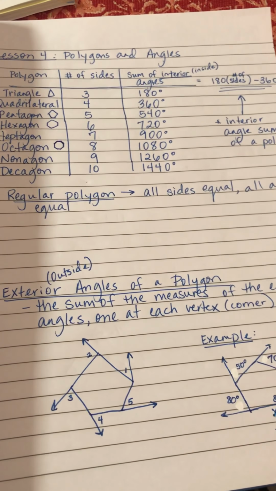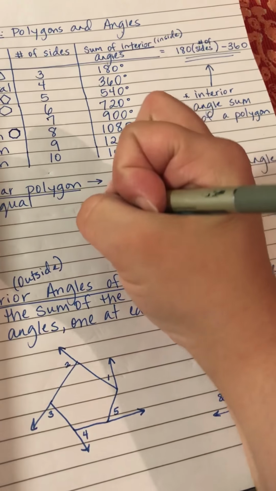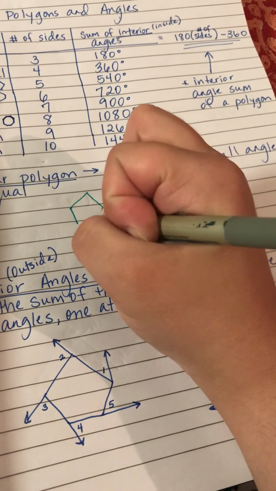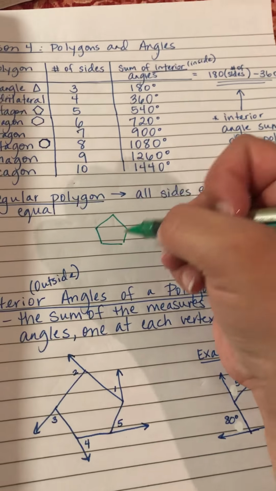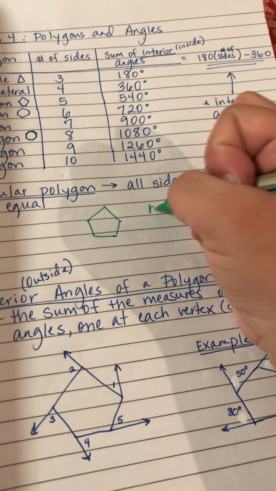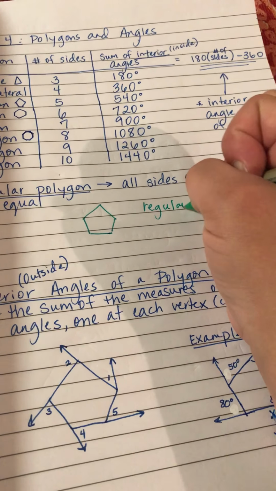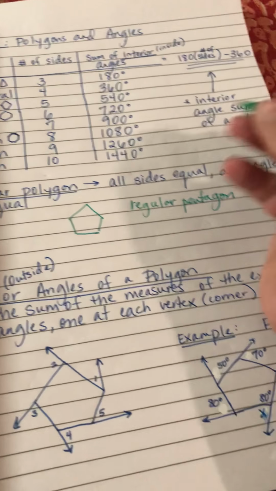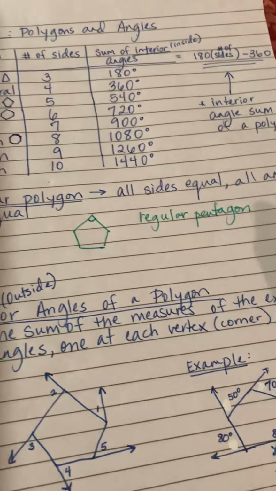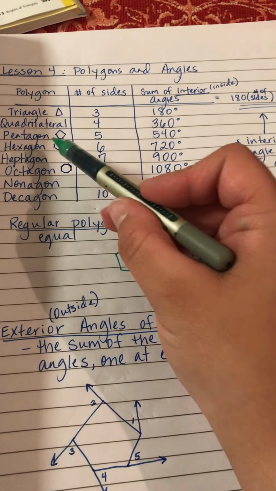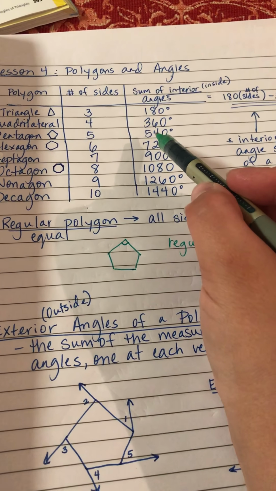So, for example, if I have a pentagon and I know that it is a regular pentagon, I can find one of the inside angles because the total of the inside angles is going to be 540.